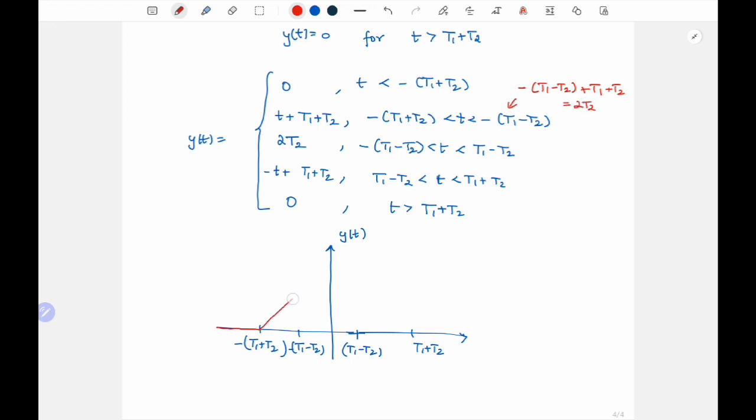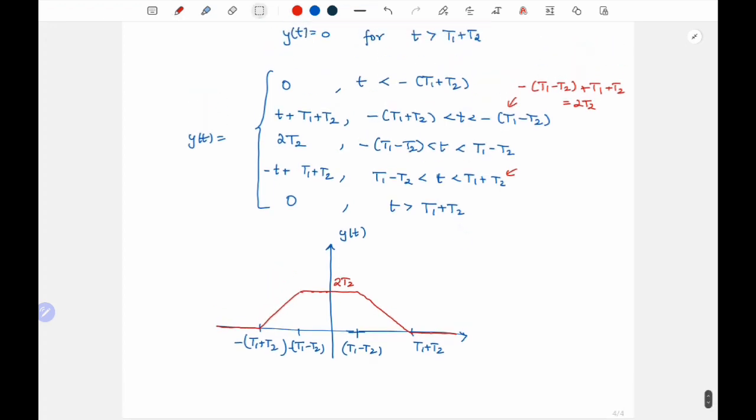Right? So this is 2t2, and it stays at 2t2 from here to here. And then again it ramps down, starting from 2t2 and going to 0. So this is y of t.